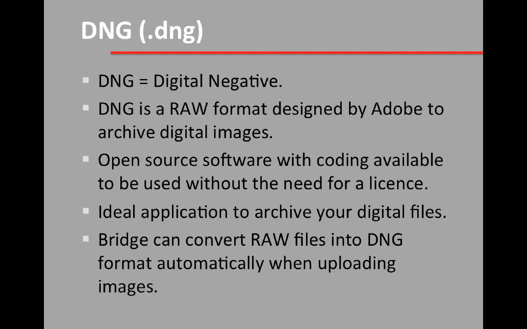So we're going to have a terrible lack of history. We're going to have all this wonderful vision of our history from the 1800s up to the 1990s when digital became popular, and then very little after that. So Adobe thought that what they might do is develop a raw file as a digital negative, equivalent to what our negatives would be in the old film days, purely for archival.